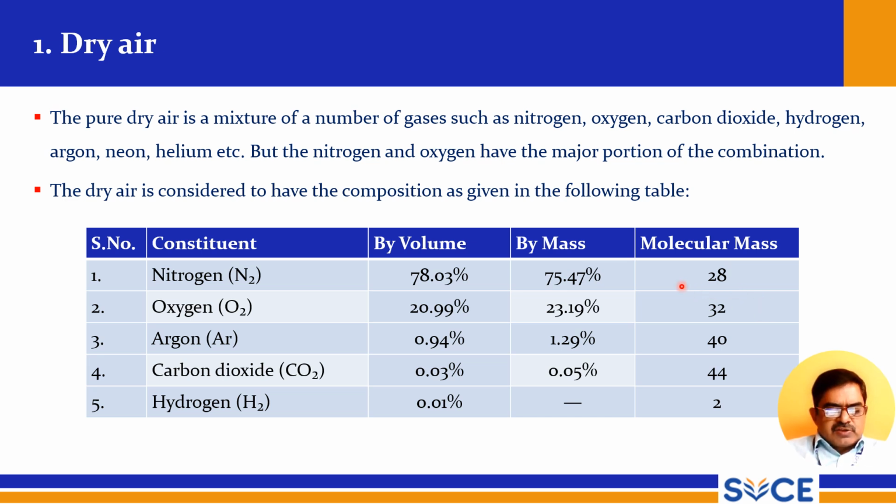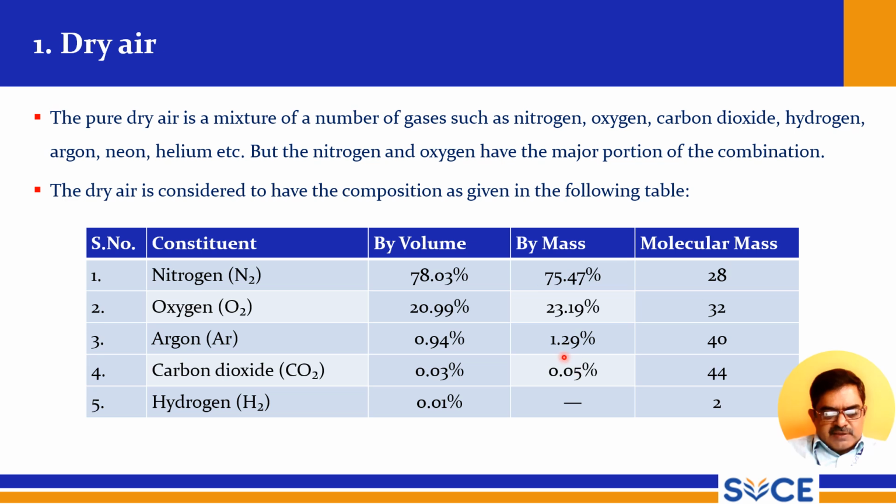Oxygen, O2, is 20.99 percent, around 21 percent by volume, and 23.19 percent by mass, and the molecular mass is 32. And argon is 0.94 percent by volume, 1.29 percent by mass, and the molecular mass is 40. It is lesser than 1 percent, very marginally lesser.